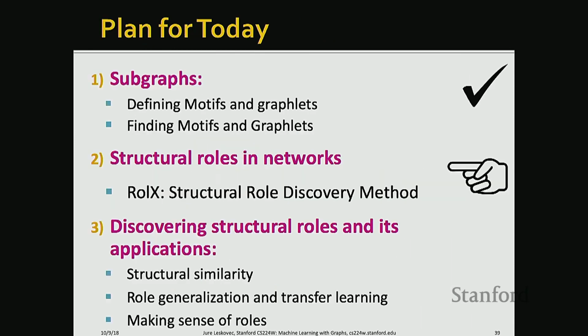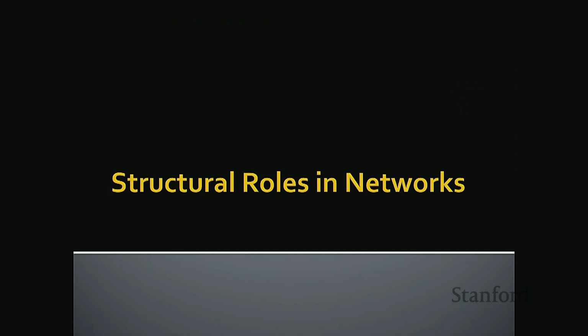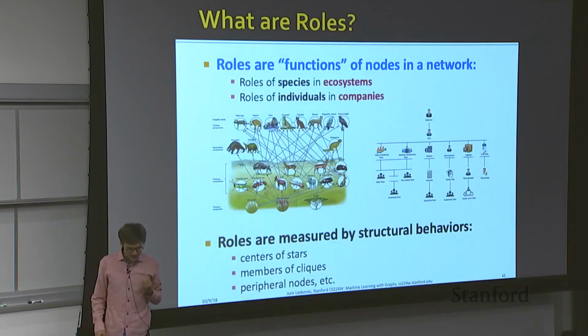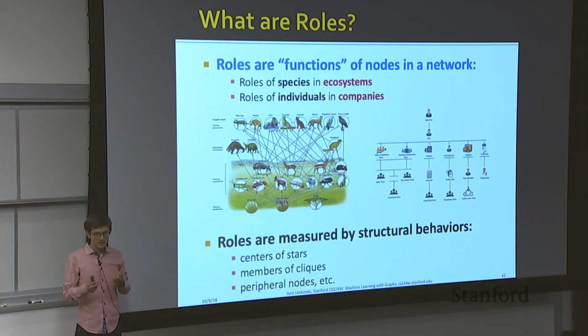Okay? Good. So now I've done the top thing, and now I want to talk about the second part of the lecture, which is this notion of structural roles in networks. The idea here is that roles, you can think of them as functions of nodes in a network.